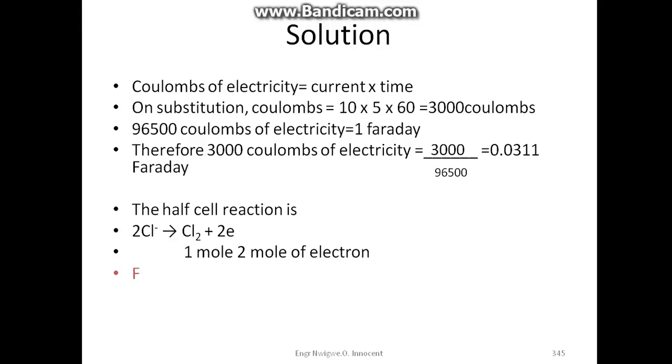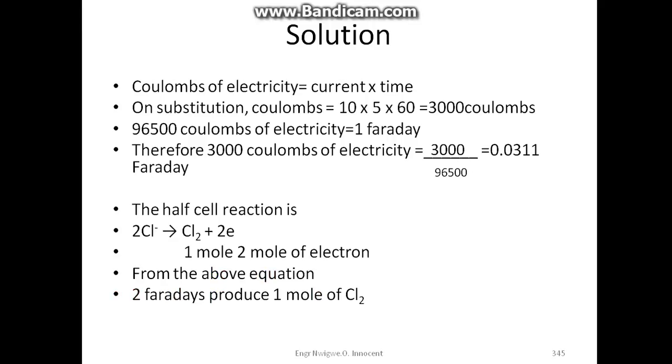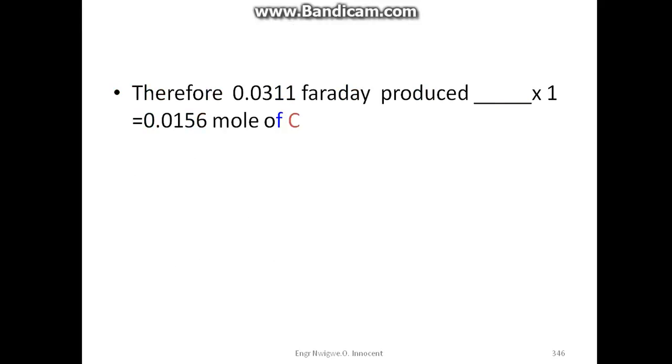From the above equation, 2 Faraday produce 1 mole of chlorine. Therefore, 0.0311 Faraday produce 0.0311 over 2 times 1, which will give us 0.0156 mole of chlorine.